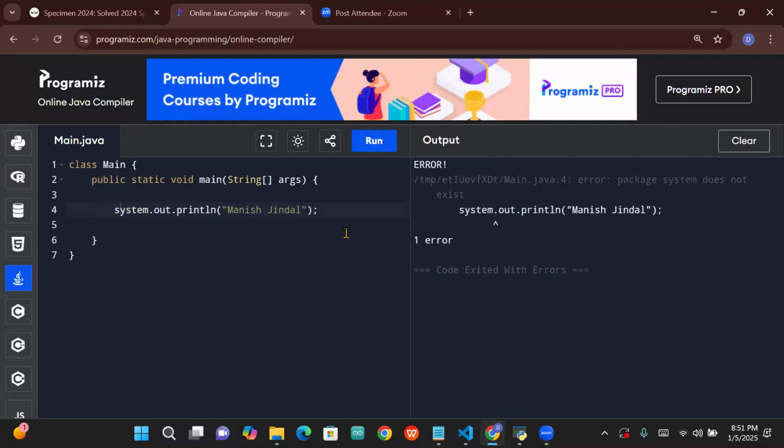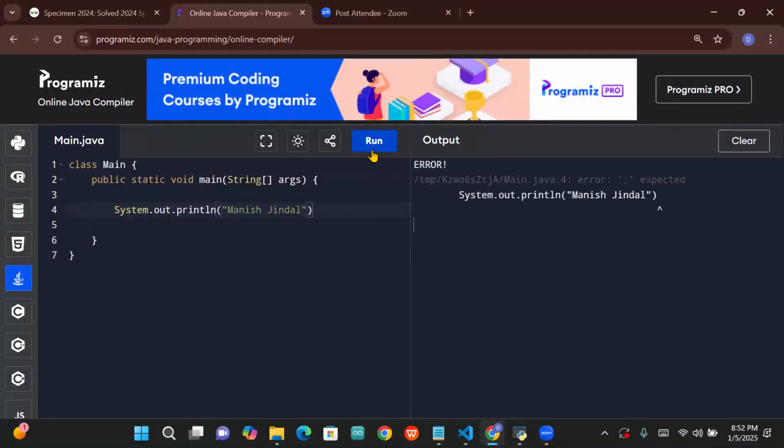Because I'm not following the grammar, my program is not running. It is giving me an error, so it is not running. This is a syntax error. You missed the semicolon too. Generally they ask this question: missing the semicolon is which type of error? Because if you miss the semicolon, your program will not work. So this is a syntax error.